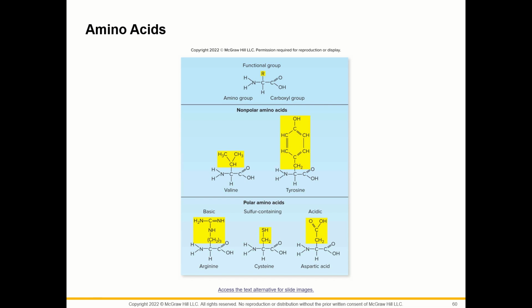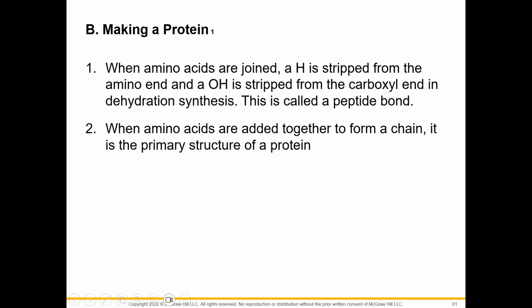The figure depicts different types of functional groups. Each amino acid differs from the other amino acids in the number and arrangement of atoms in their functional groups. So we see that we've got nonpolar amino acids and polar amino acids, as we had mentioned earlier, which gives them all kinds of behaviors.